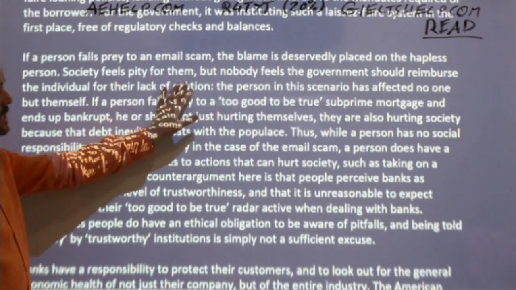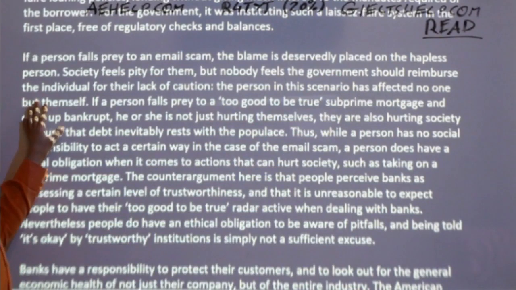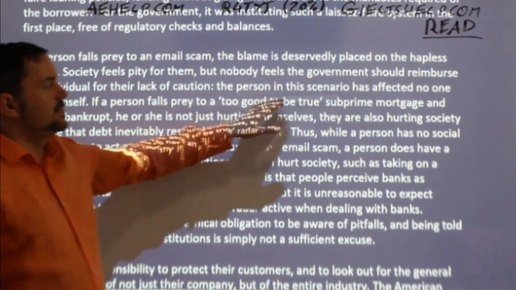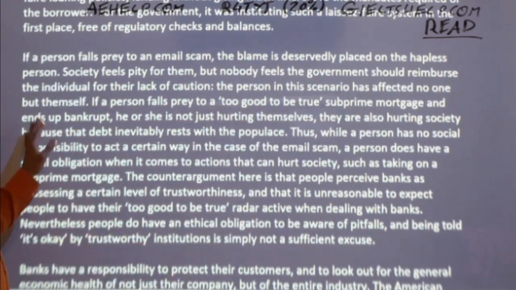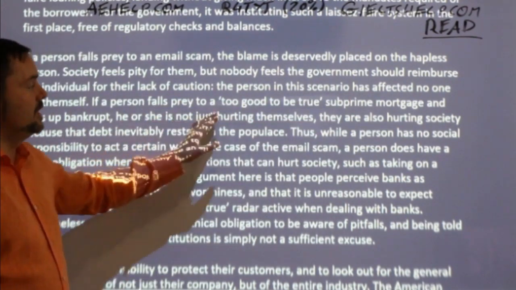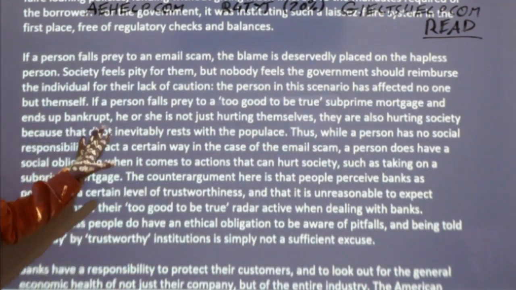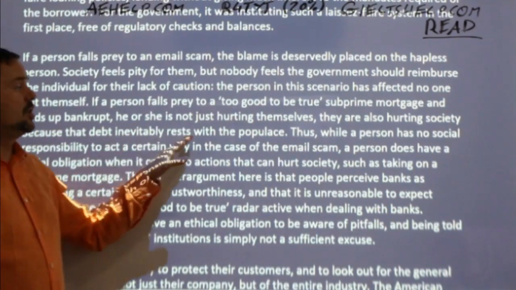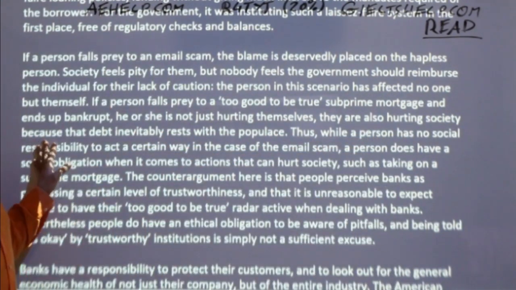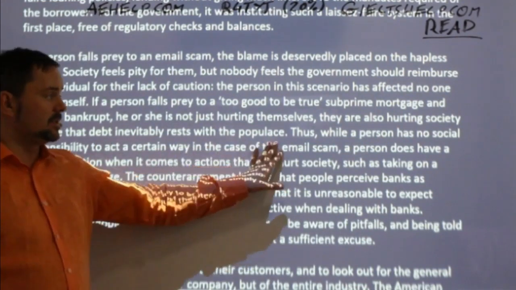Society feels pity for them, but nobody feels the government should reimburse the individual for their lack of caution. The person in this scenario has affected no one but themselves. If a person falls prey to a too good to be true subprime mortgage and ends up bankrupt, he or she is not just hurting themselves, they are also hurting society because that debt inevitably rests with the populace.